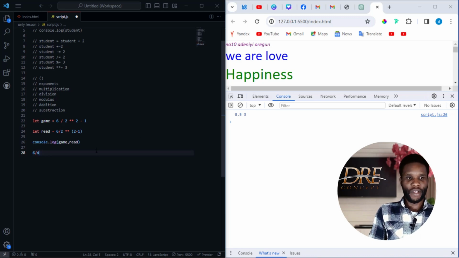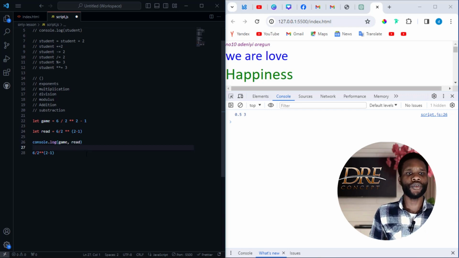So now that's for game. Let's come to read. 6 divided by 2, the exponent of parenthesis 2 minus 1. Looking at this right now, what operator comes first?